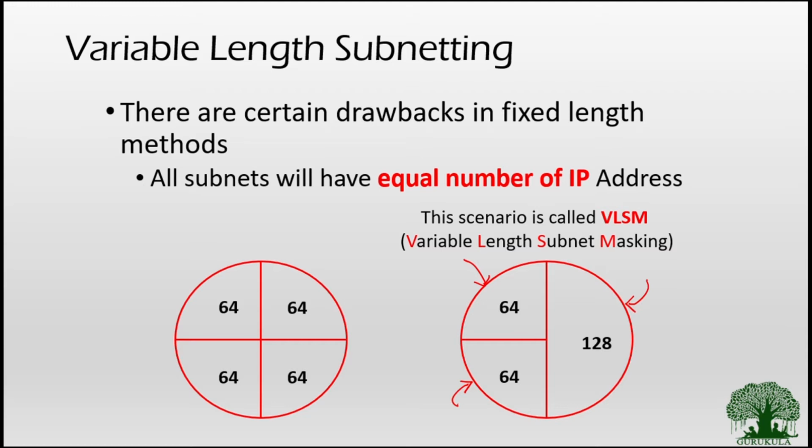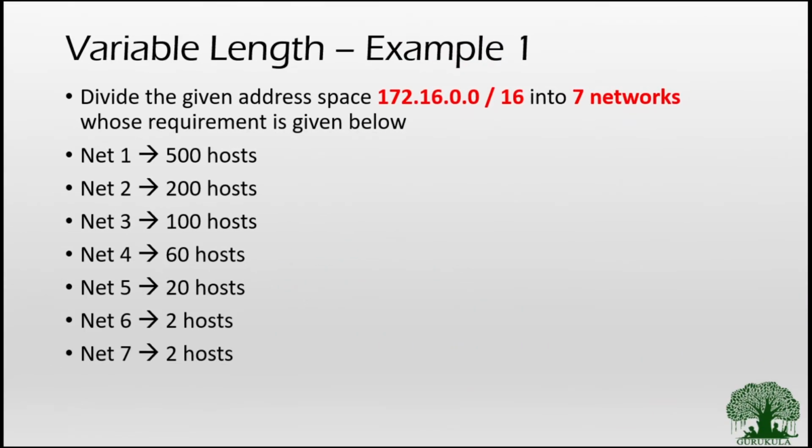Variable length subnetting may also be referred to as variable length subnet masking, which is VLSM, and also as classless interdomain routing, which is also called CIDR. So classless interdomain routing is another term used to represent variable length subnetting.